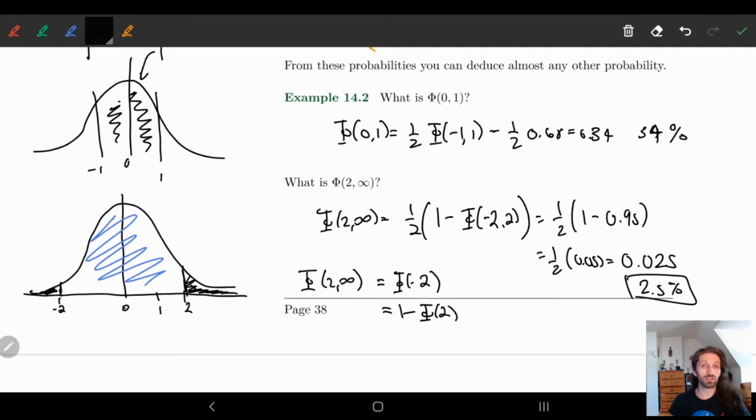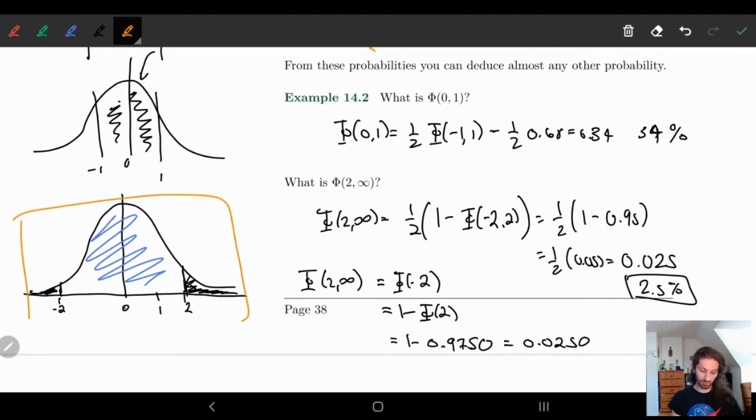So you can go in the back of the book and see what phi of 2 is equal to, and you'll realize this is just 0.975. And from here, if I do this subtraction, I would get 0.025, just as before. So there's multiple ways to look at this and get this information. It's dependent on how your brain is thinking that day. But generally what I always do is I draw these out to help me figure things out.